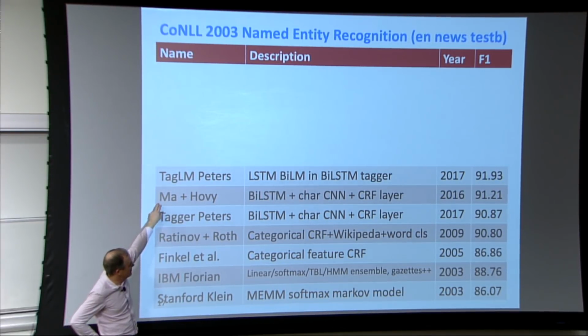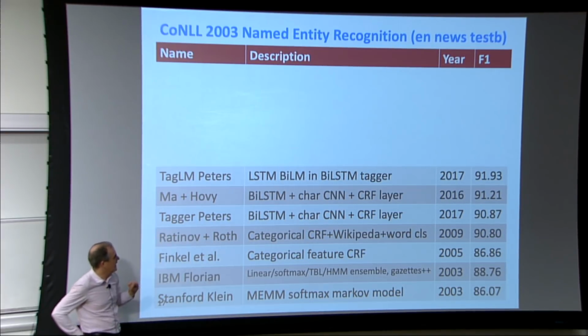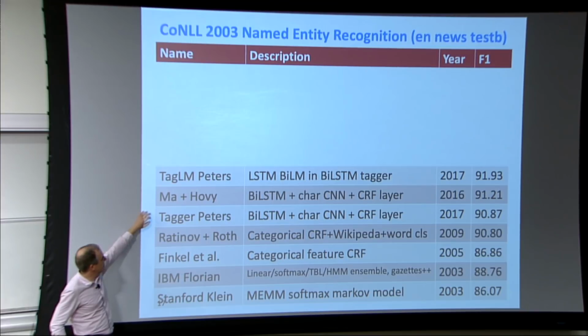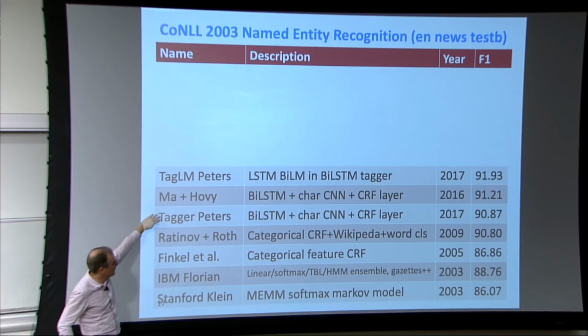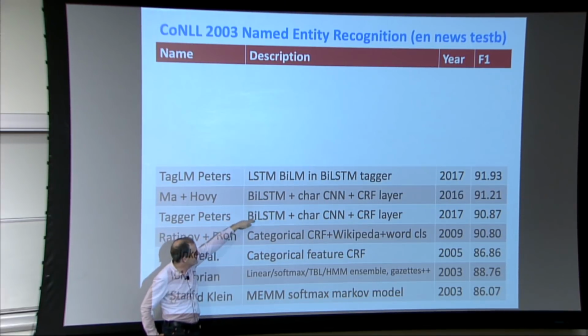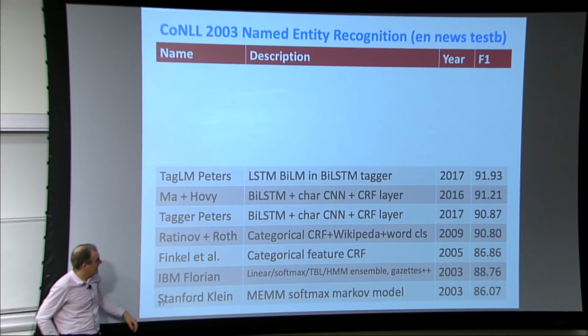And so this Ma and Hovy system is pretty well known, getting about 91.21. Okay, but if we then go to this TagLM system that Matt Peters and co. have, it was sort of similar to the Ma and Hovy system, but did a little bit worse.